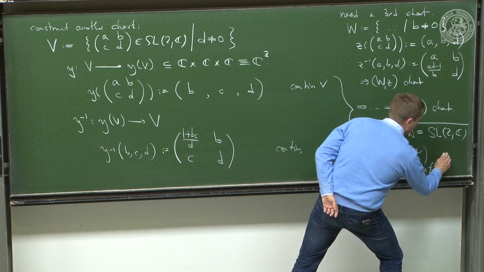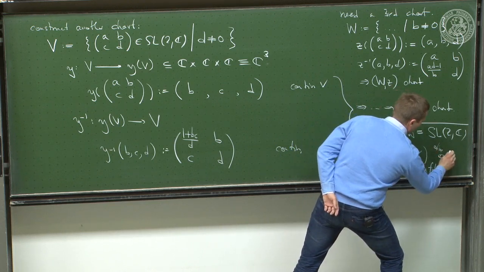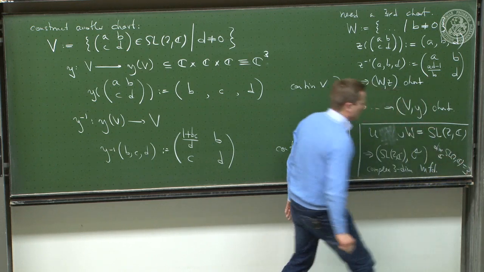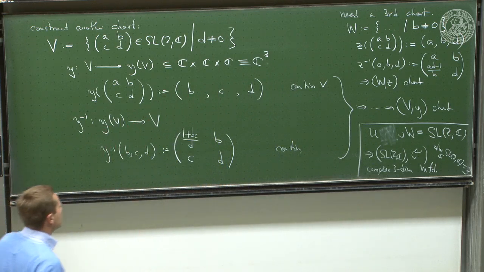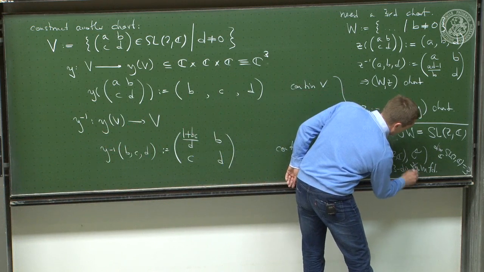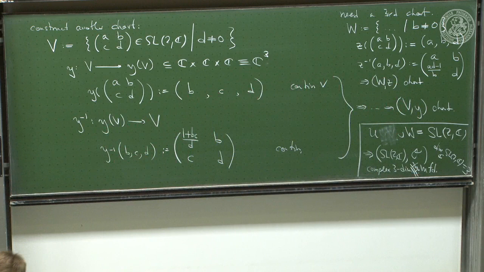So sometimes we would write, dim sub C, with respect to complex numbers, of SL2C is 3. There we go. We have a three-dimensional complex, I should say topological manifold. Okay, full stop. Good. Any questions so far?